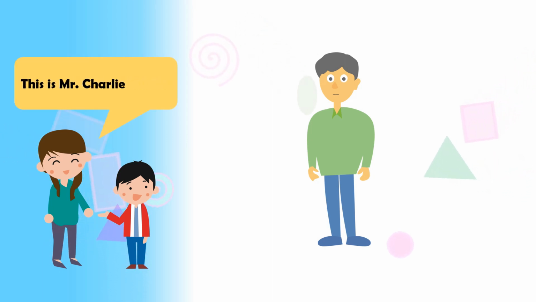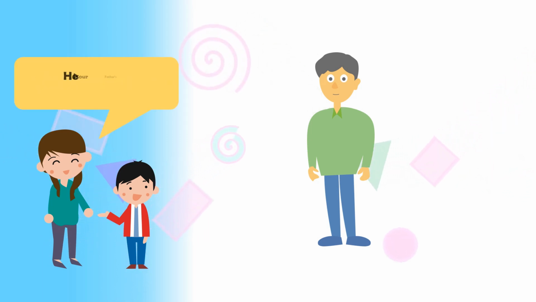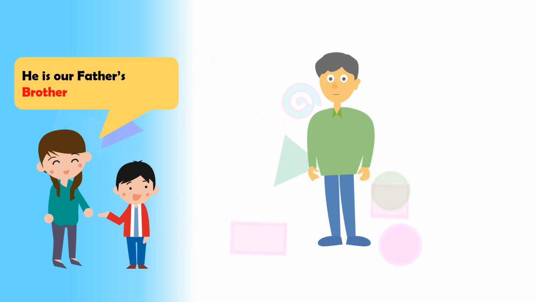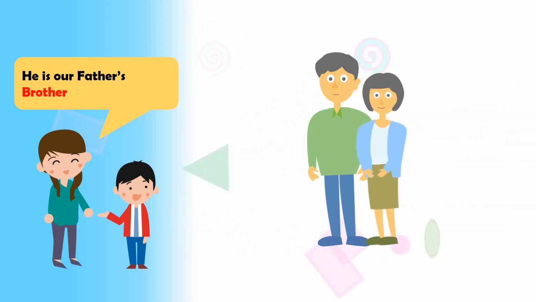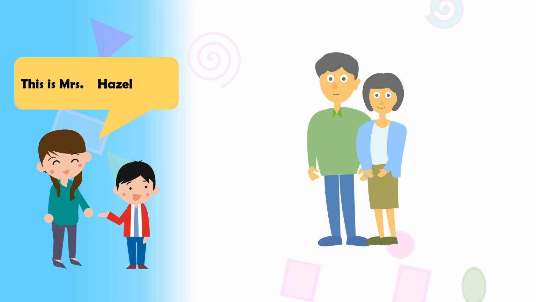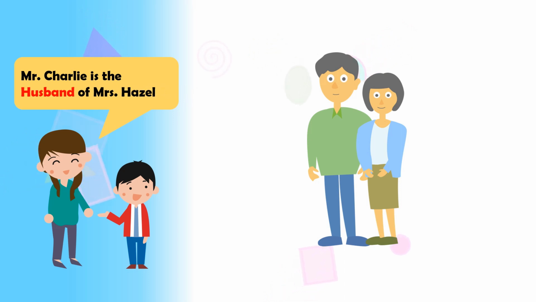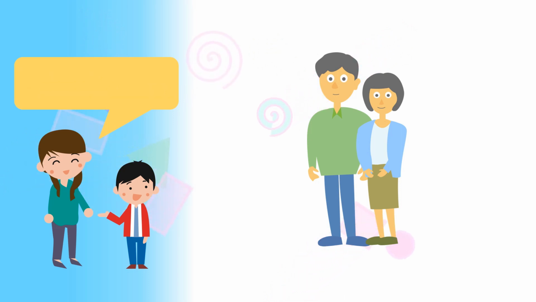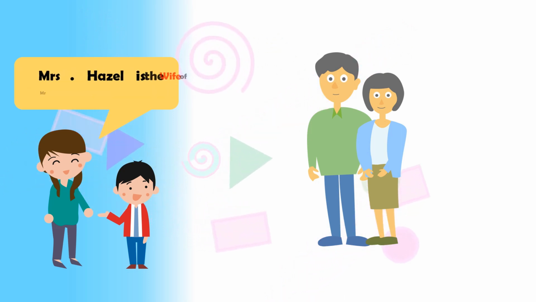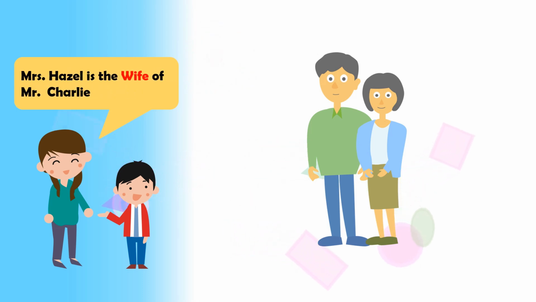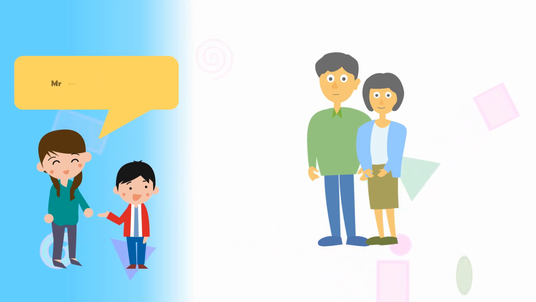This is Mr. Charlie. He is our father's brother. This is Mrs. Hazel. Mr. Charlie is the husband of Mrs. Hazel. Mrs. Hazel is the wife of Mr. Charlie.